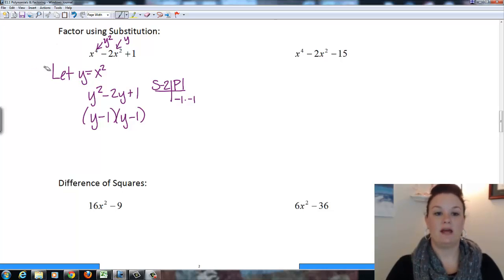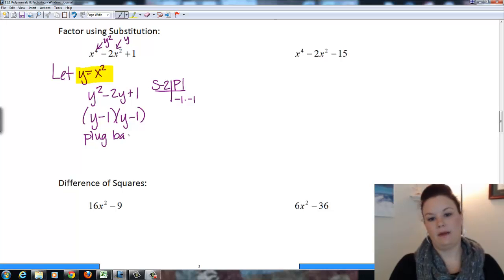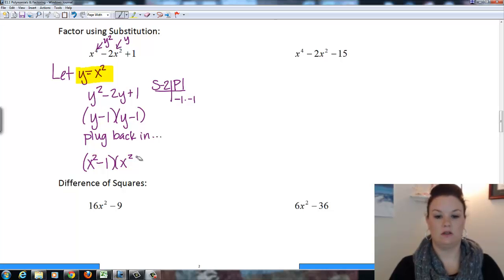So then we have to go ahead and plug back in. Okay, we know that our y, excuse me, is x squared. So once I have my answer, I need to go ahead and put back in what y was. So I'm going to say plug back in. So this really factored into x squared minus 1 and x squared minus 1.